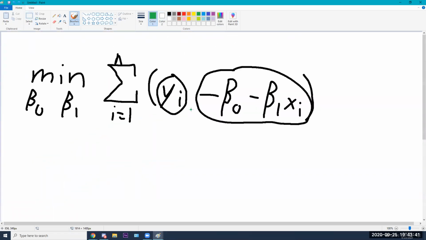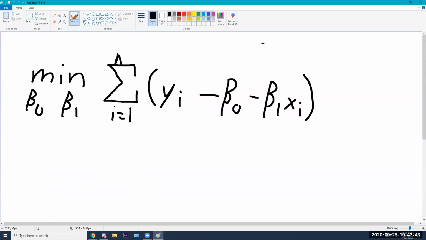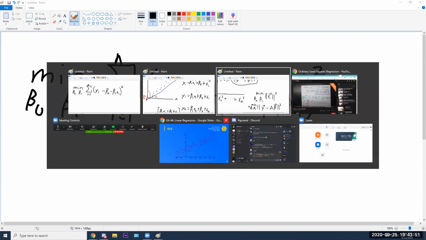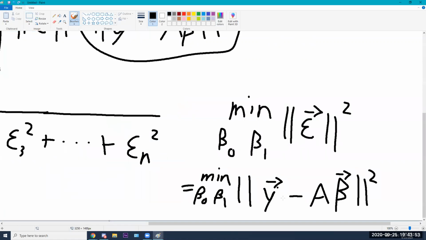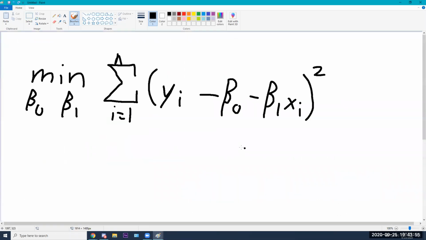And so the last step we have left for this is to square it. Right? And so this is the same thing that we had before. We're minimizing with vectors and matrices, except we have it in the form of a sum now. We just write it this way because it's a lot simpler and easier to understand.